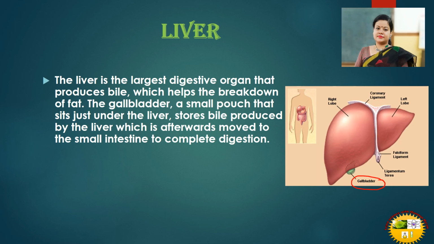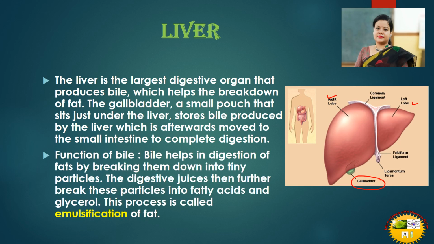It produces bile. That bile is stored in the gallbladder, and when required it goes to the small intestine to take part in the action of digestion. If you take a look at the diagram, you can see how the human liver looks. It has 2 lobes, right lobe and left lobe. You can see the position of the liver in the human digestive system as well.